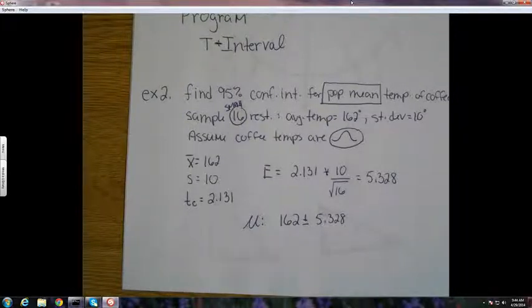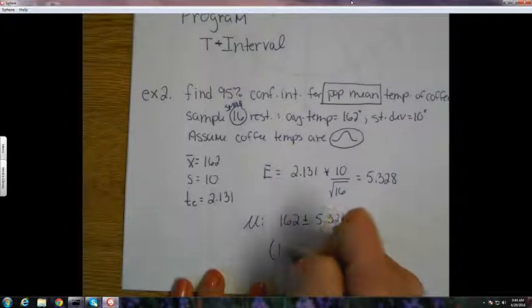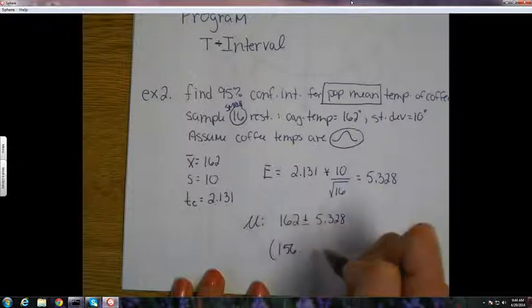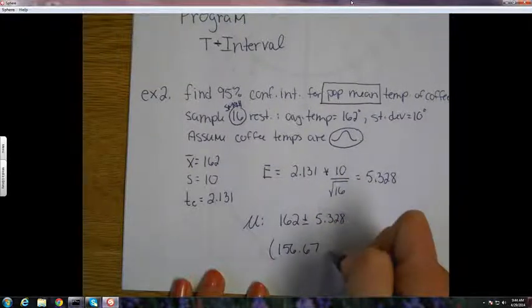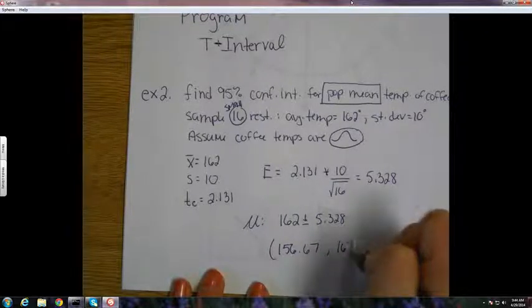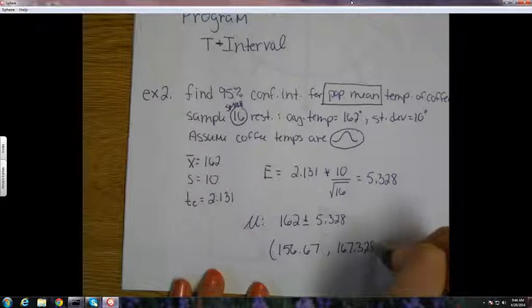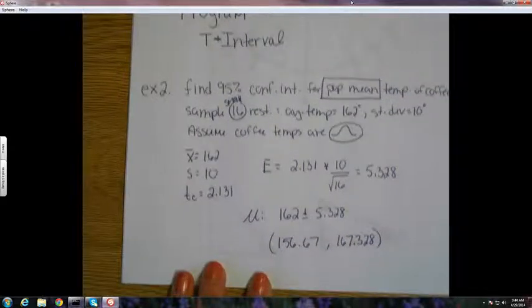So what's 162 minus that 5.328? 156 point... and then 167.328.